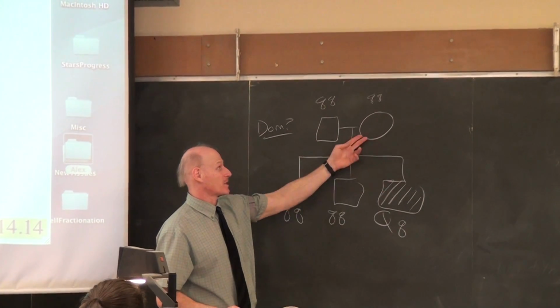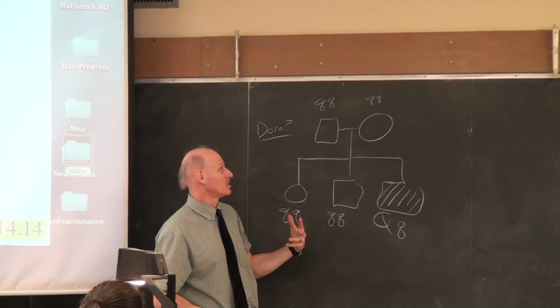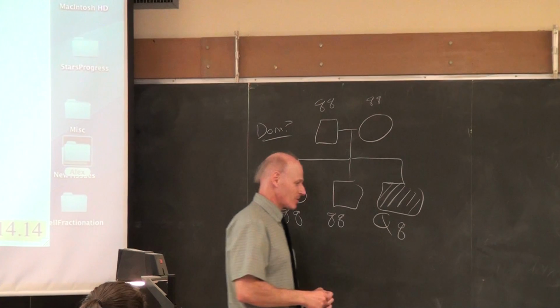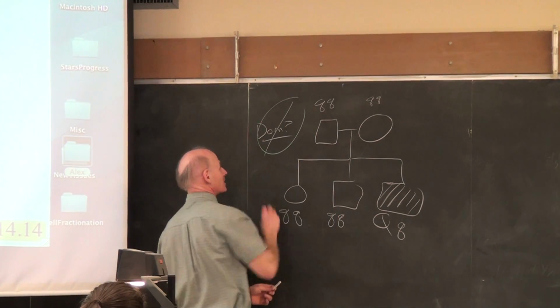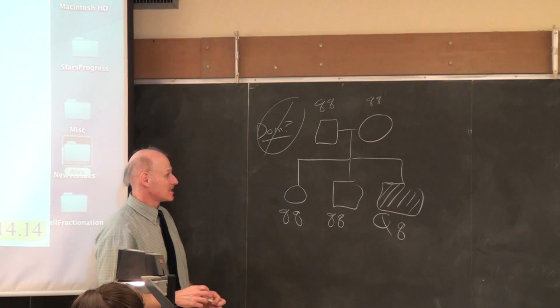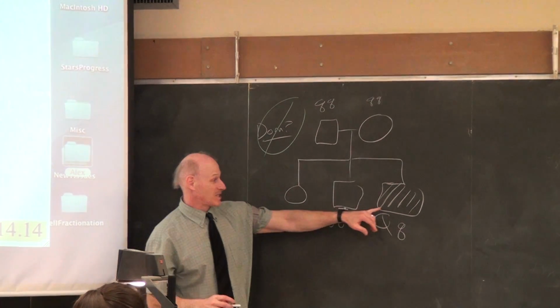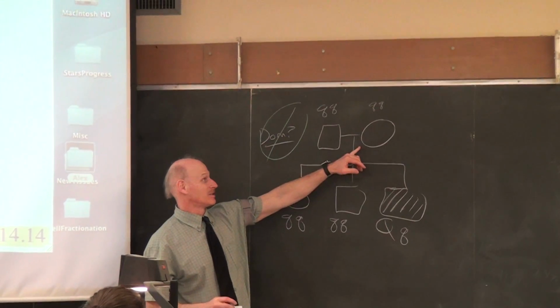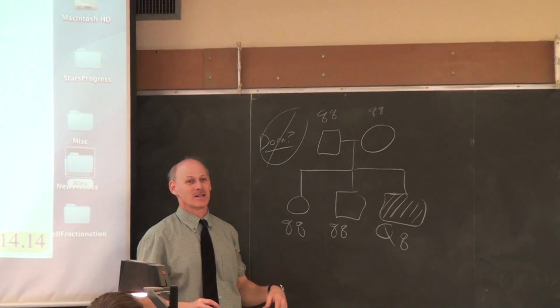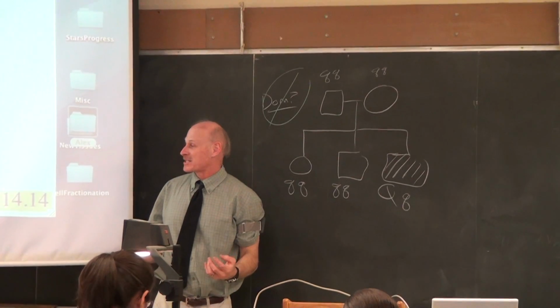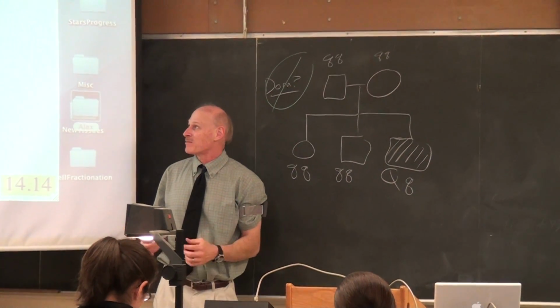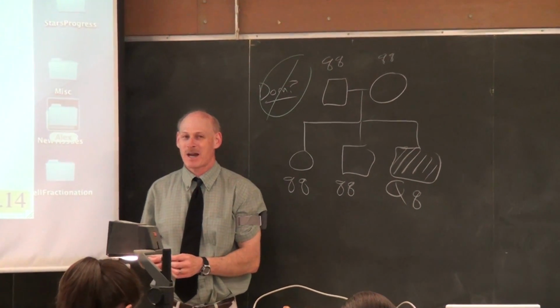You get your alleles from your parents, but no parent has the big Q allele, so it doesn't work. If it's a dominant genetic disease, you can't have any of the kids having it unless the parents have it. And so I'm saying, just looking at this, we know that the disease has to be recessive. There's just no way it can be dominant, otherwise the parents would have had it.